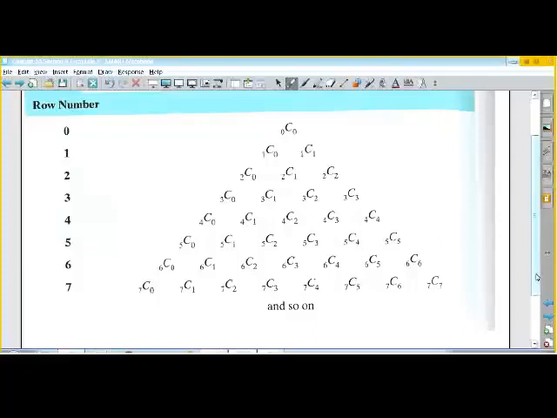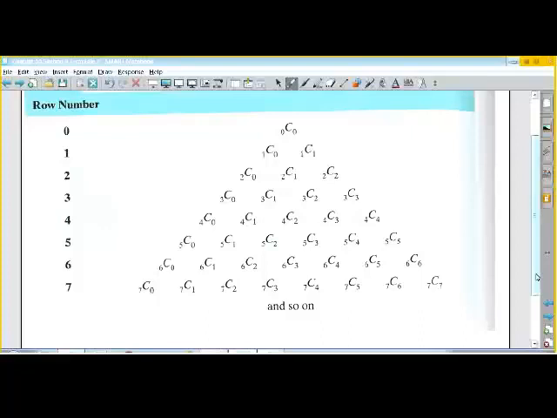So these all have 4 for the first number. And then the second subscript is just 0, 1, 2, 3, 4. So you always start with 0. And these C's are not just coincidentally the same letter that's used for combinations. They are combinations. So it turns out that the numbers in Pascal's triangle are the values for these combinations. 6 things taken 1 at a time, 6 things taken 2 at a time, etc.